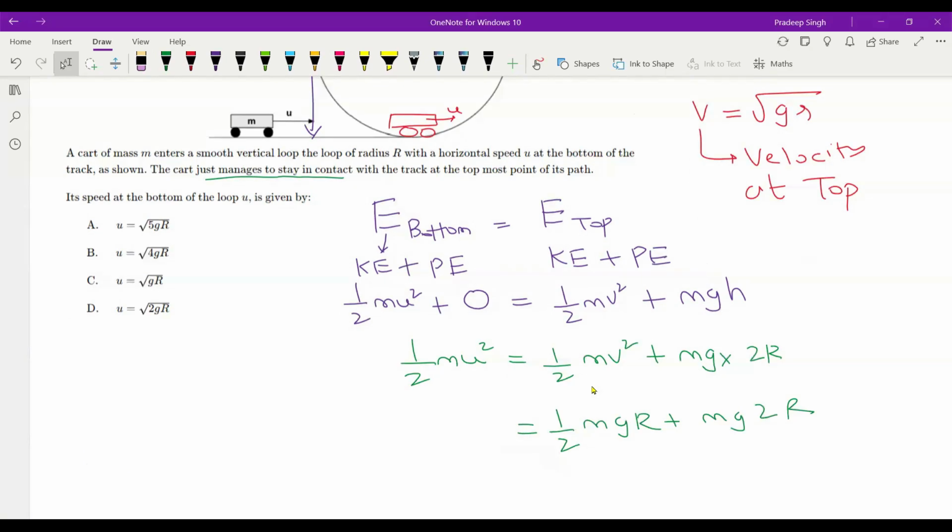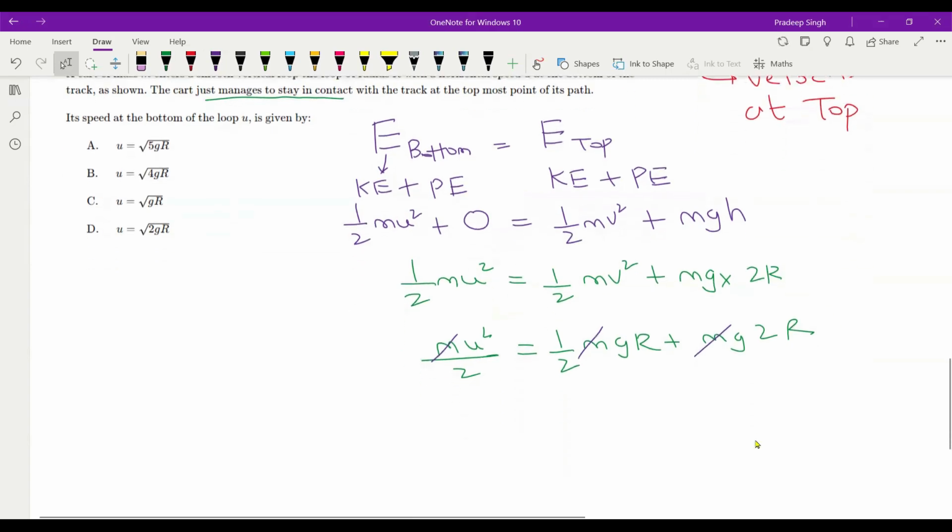On the left hand side, we'll get mu squared by 2. Now you can see m is present in all these expressions, so we can cancel that out throughout. And if you simplify, we'll get u squared by 2 comes out as gr by 2 plus 2gr. On simplification, we'll get 5gr by 2 on the right hand side.